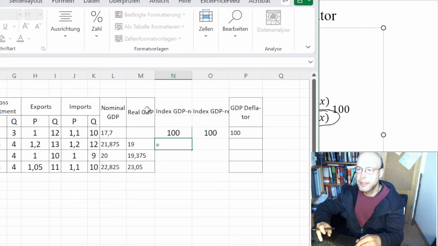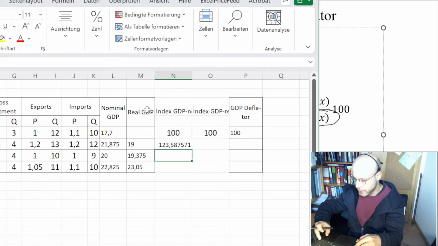So in this case, we obtain 21.8 divided by 70.7 times 100.